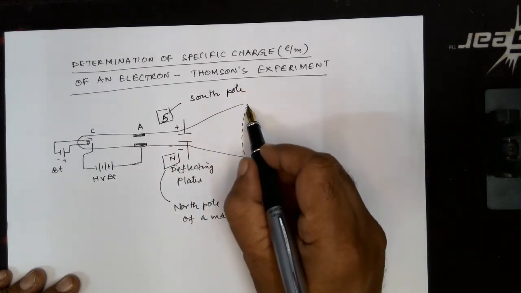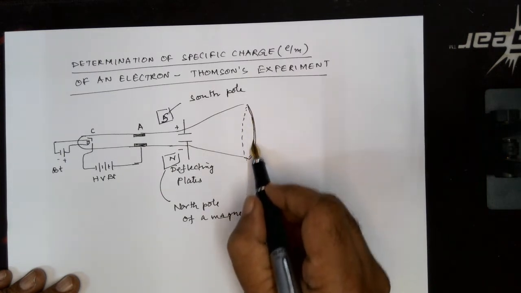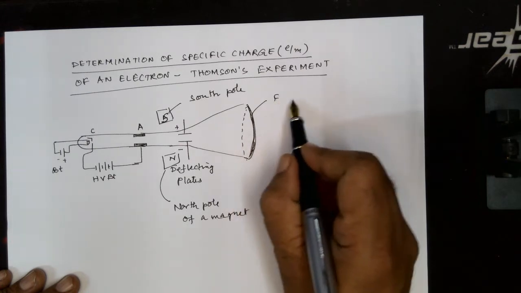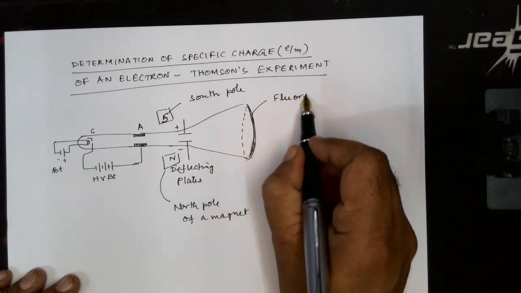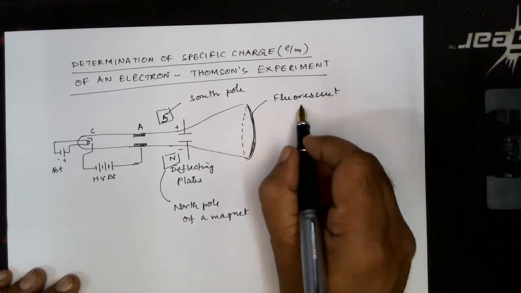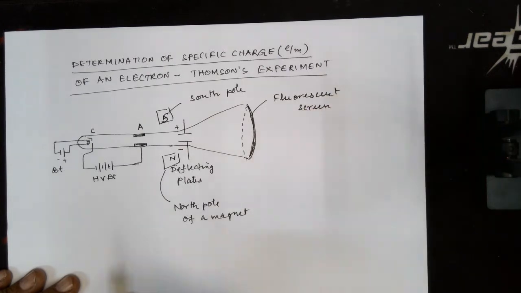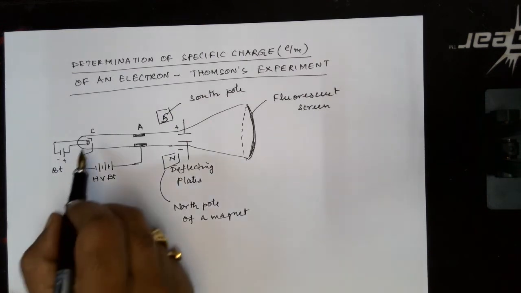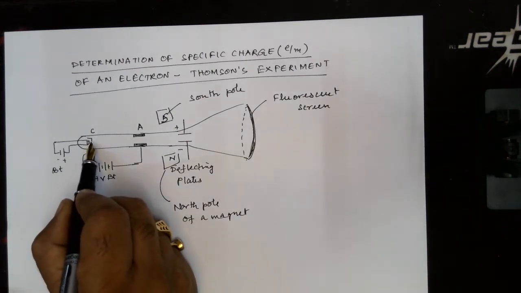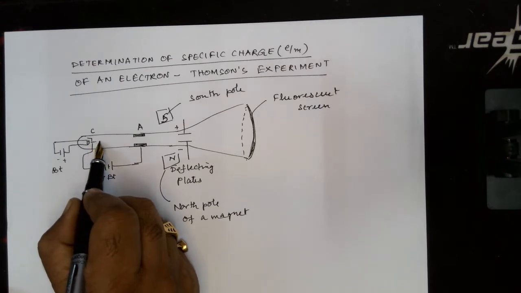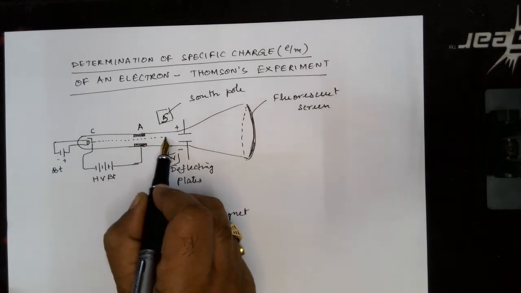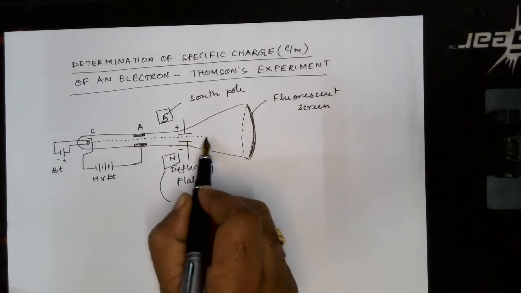Here we have a fluorescent screen. See, from the heating element, from cathode, it is going through this track, passing through the deflector plate.